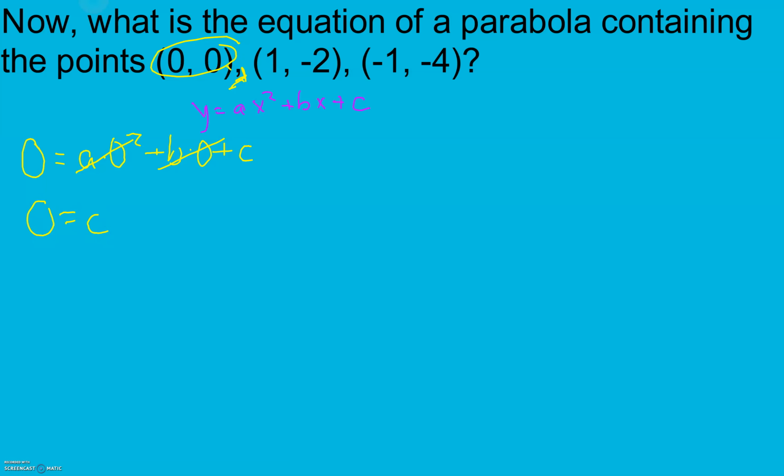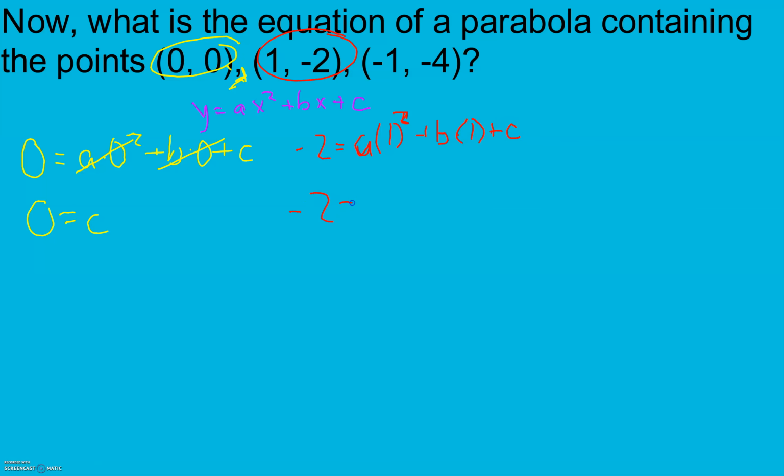My second one here, y is negative 2, a we don't know, x is 1, b we don't know, x is 1, and c.